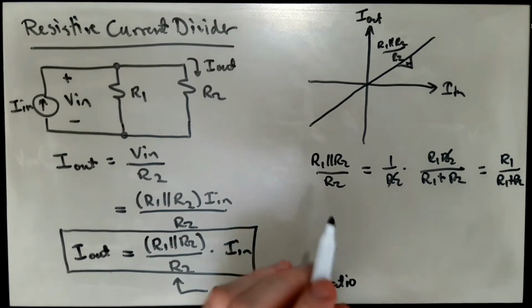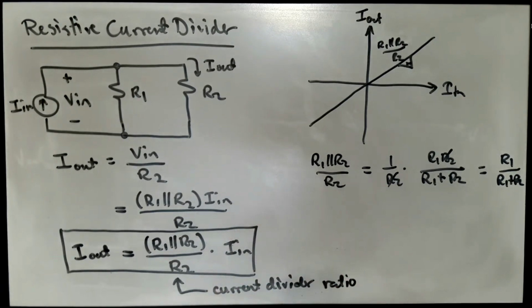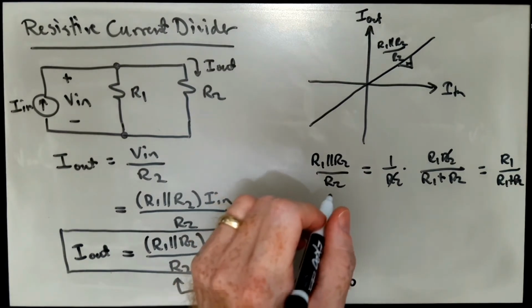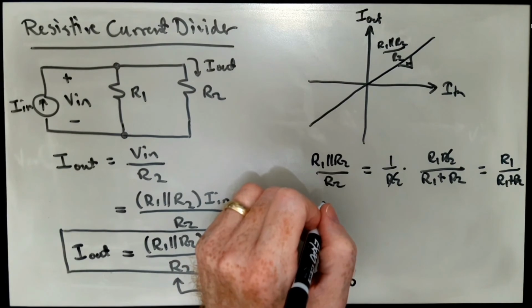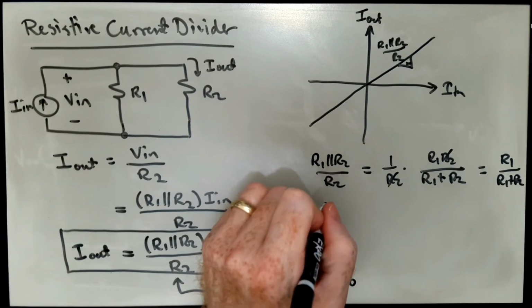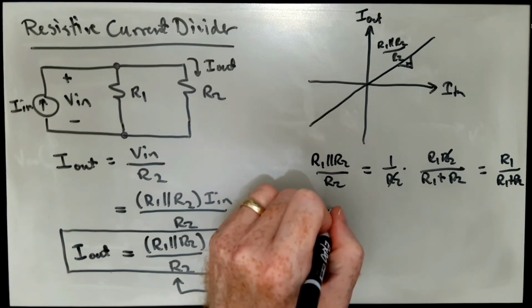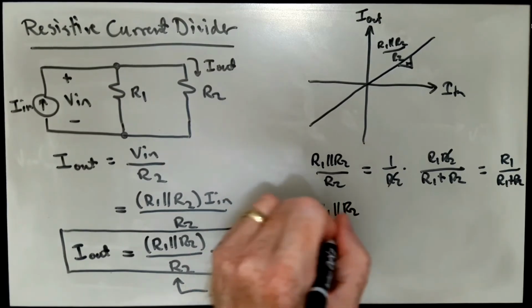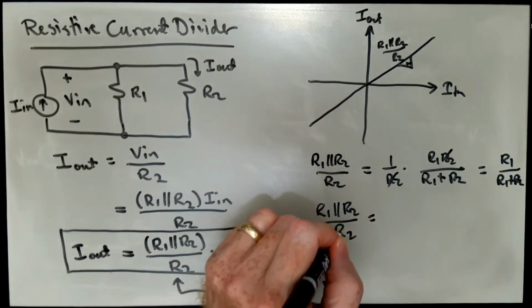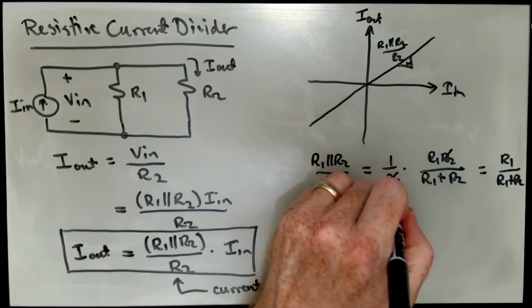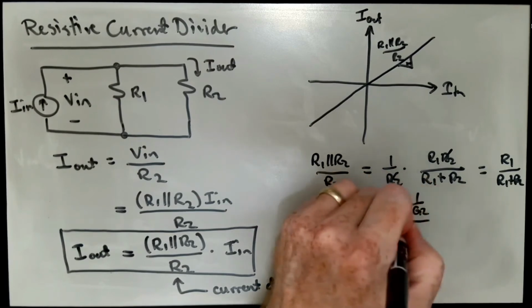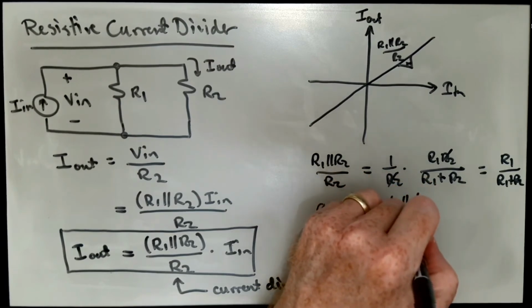Anyway, there's another form, if we express this in terms of conductances. We get R1 parallel R2 divided by R2, which is equal to 1 over G1 parallel 1 over G2, divided by 1 over G2.